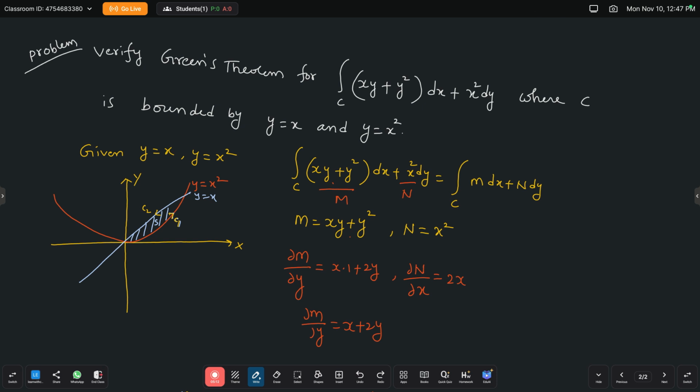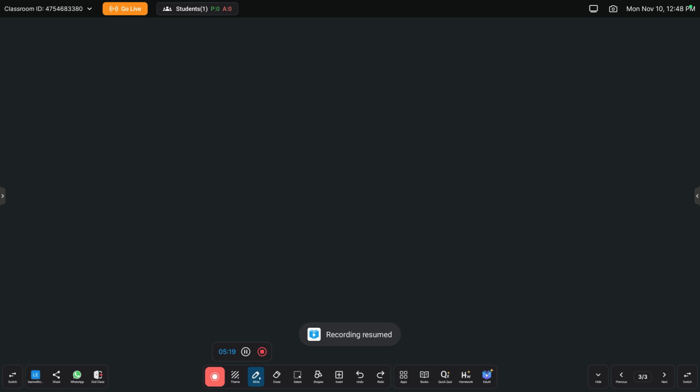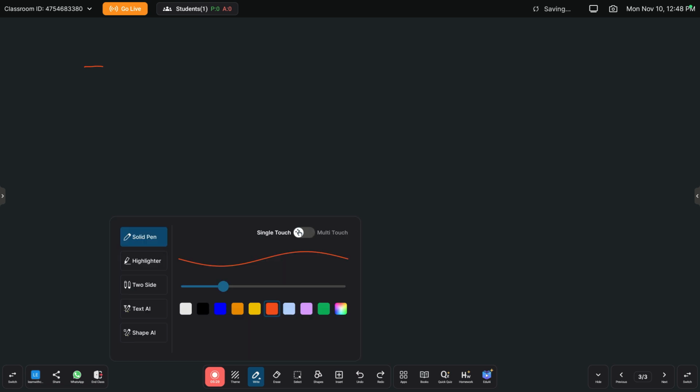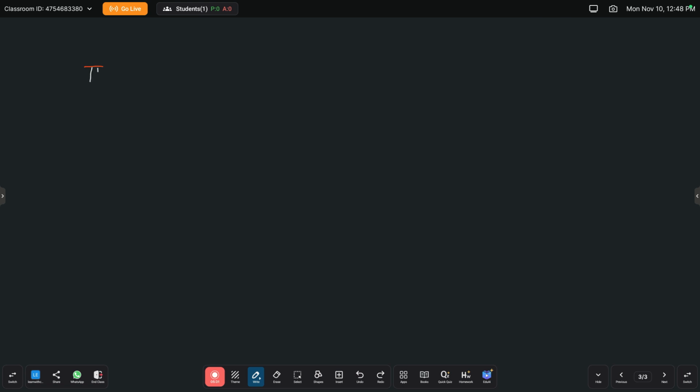Next, coming to the next one. Now from the graph, the line y is equal to x and y is equal to x square intersect at two points, O and A, from the graph.